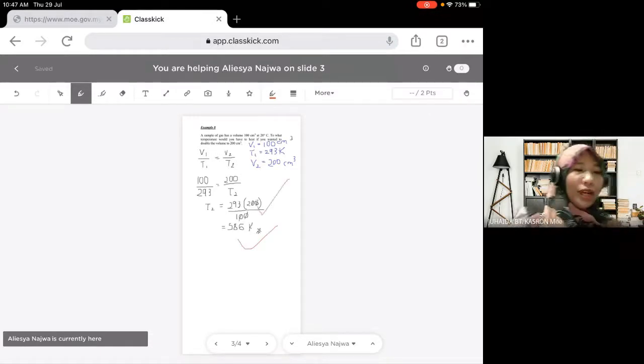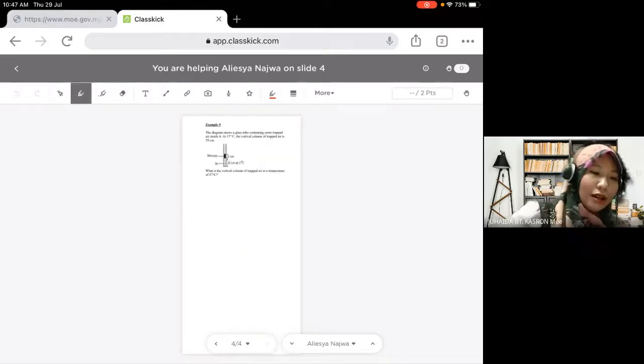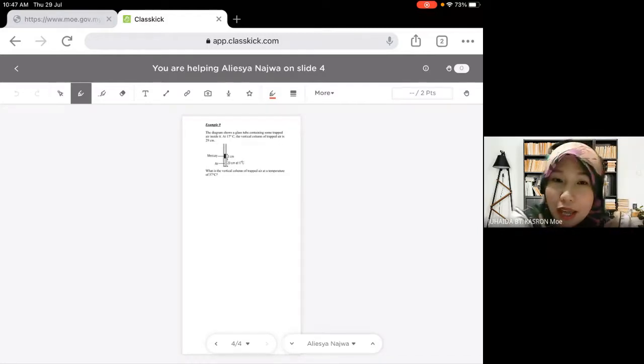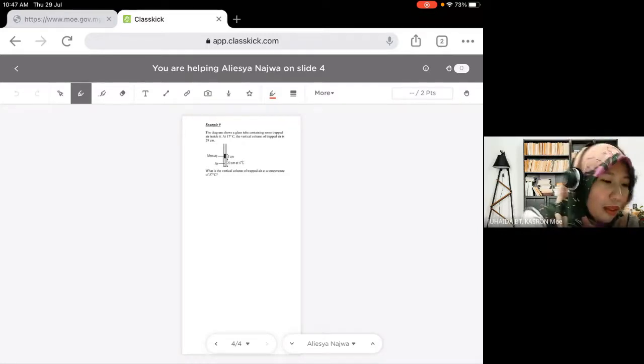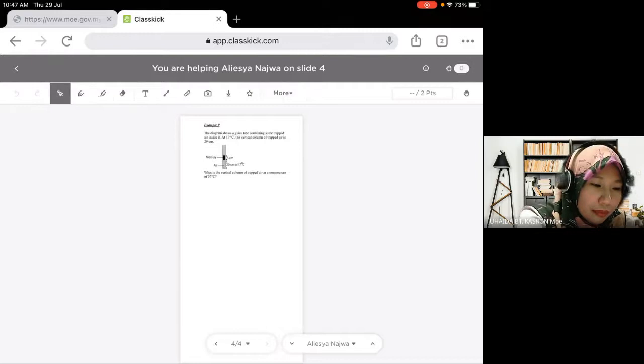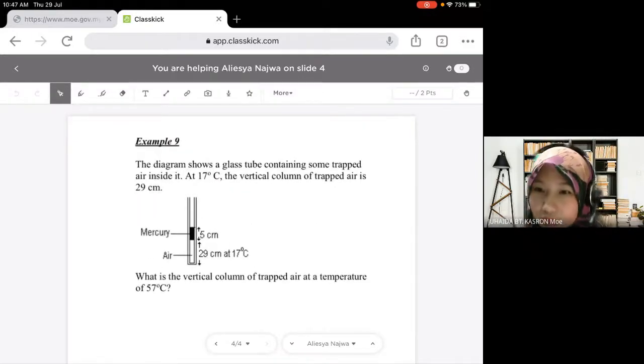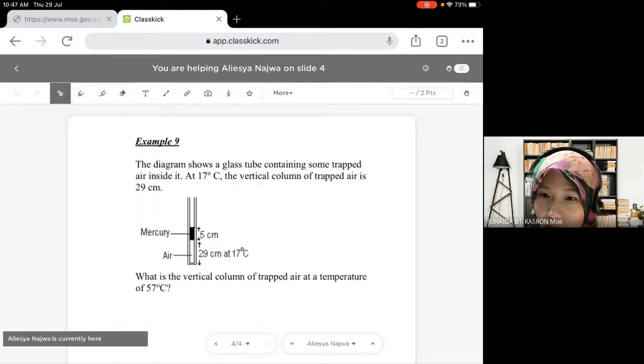Okay, very good. Now we move to the example on the next page. Page 4, Example 9. Okay, everyone, look at the question. I would like to call Yasmin Suraya. Are you here, Yasmin Suraya?